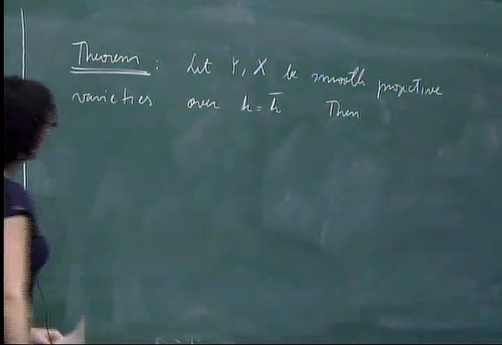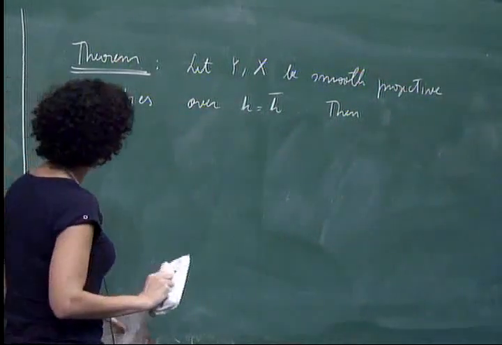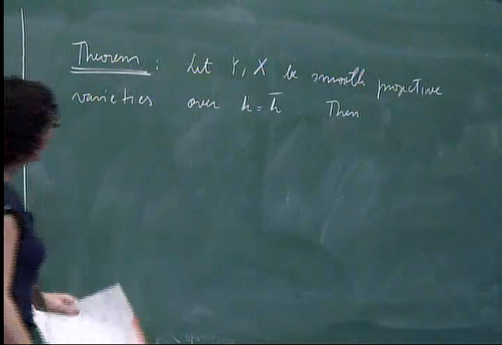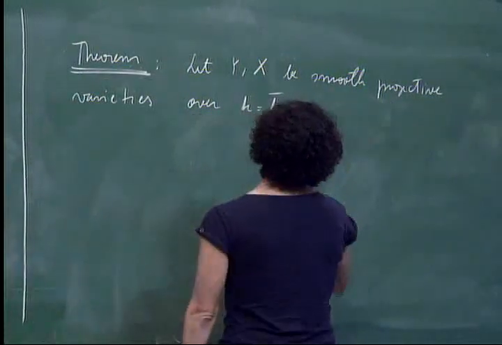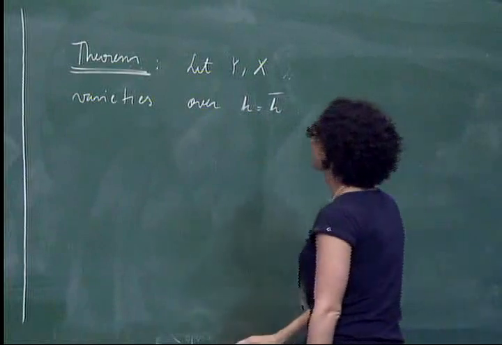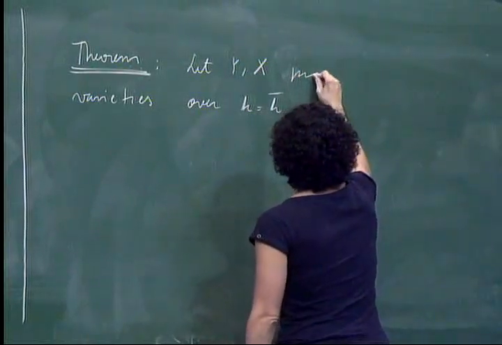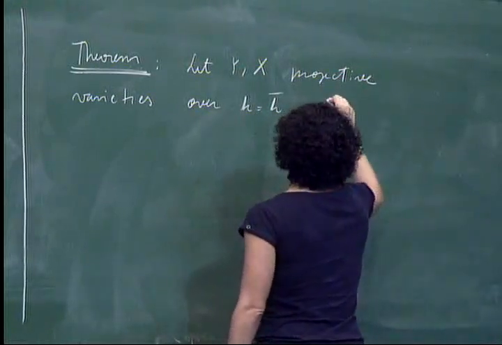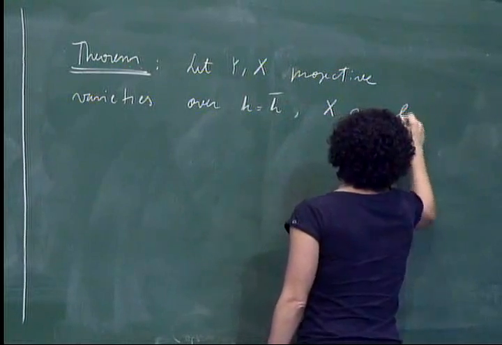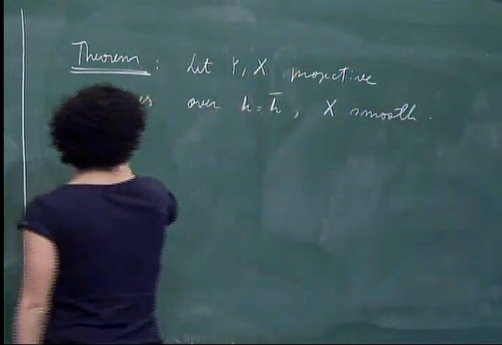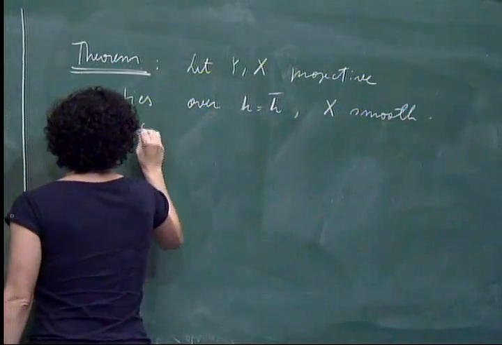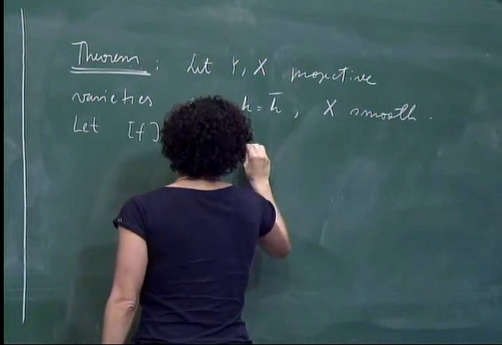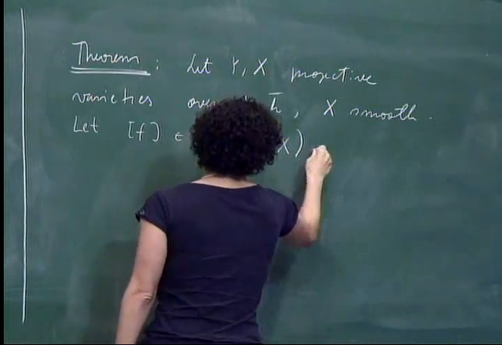Actually, I think here we only need that X is smooth, but I'll state it a bit more generally. So X and Y projective varieties over K with X smooth. And let F be an element in the space of morphisms from Y to X.